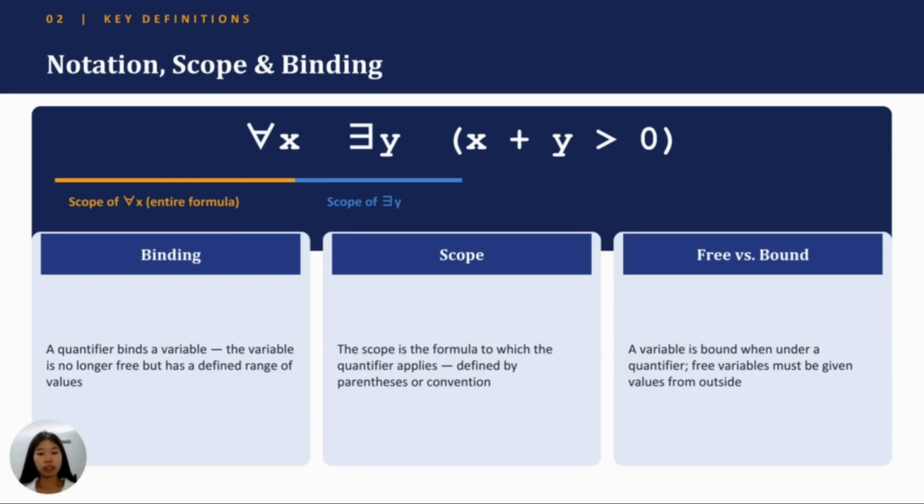Free variables do not have their conditions defined inside the formula, so their values must be assigned from outside the context before we determine if the statement is true or false. Understanding this boundary ensures we interpret complex logical frameworks accurately without losing track of what our variables actually represent.